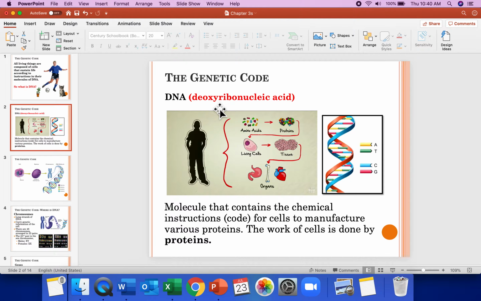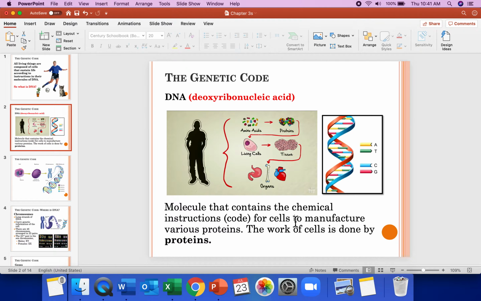DNA is short for deoxyribonucleic acid, which is basically a mega molecule that is basically the map or the blueprint for any living thing.